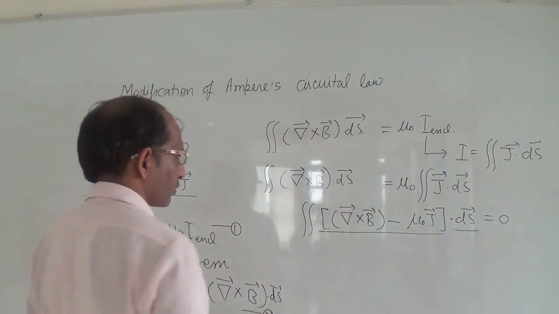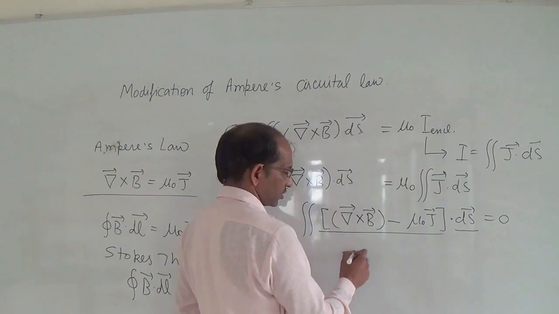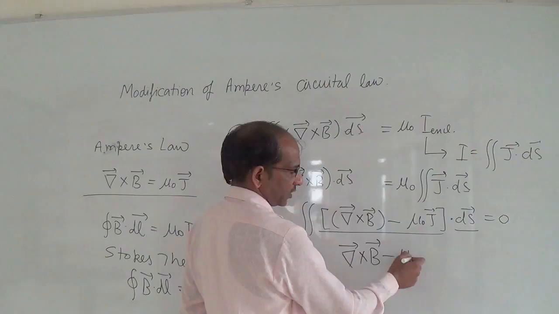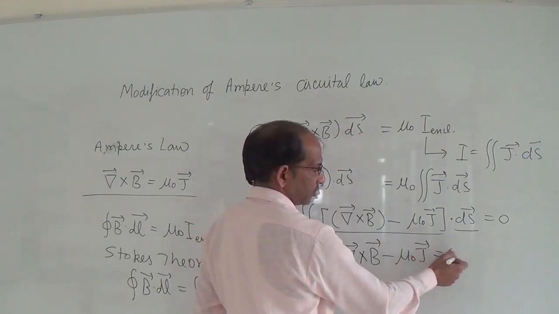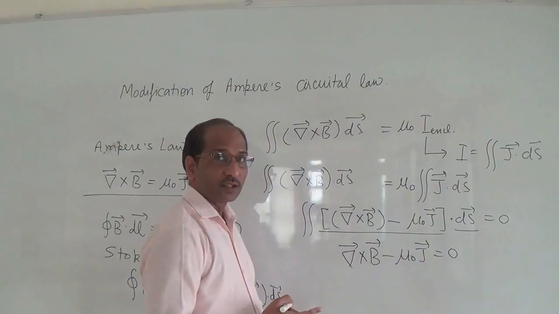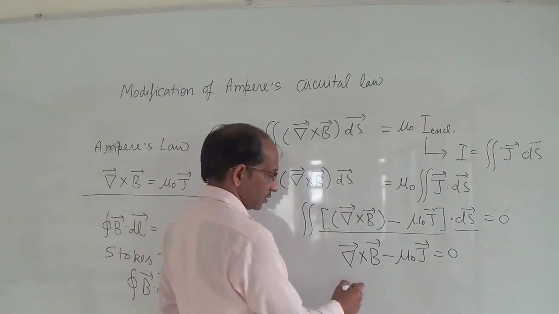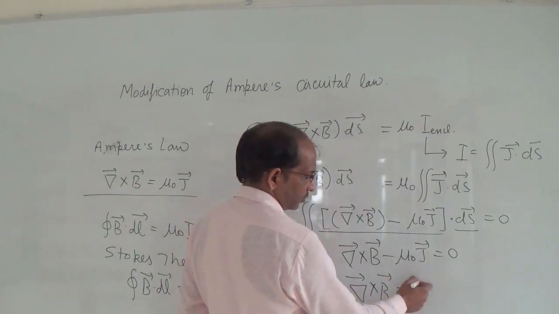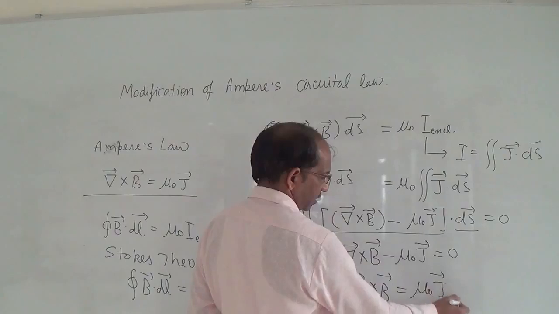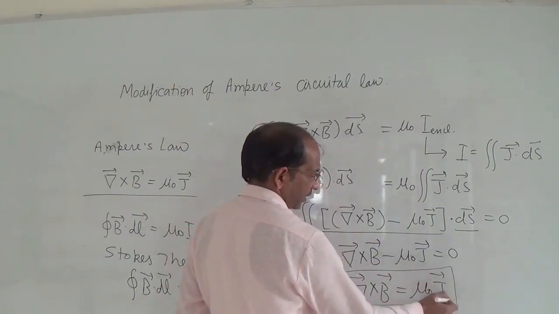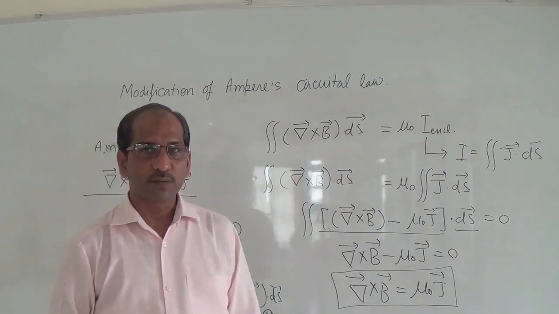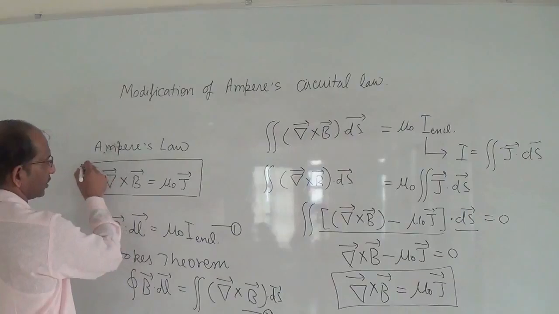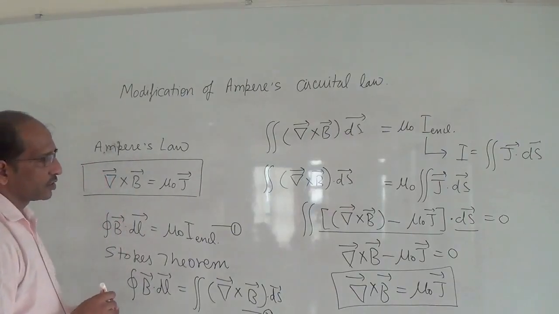So the term del cross B minus mu naught times J will be equal to 0. And if this is equal to 0, one can find del cross B is equal to mu naught times J. This is Ampere's law in differential form, which I have written here.